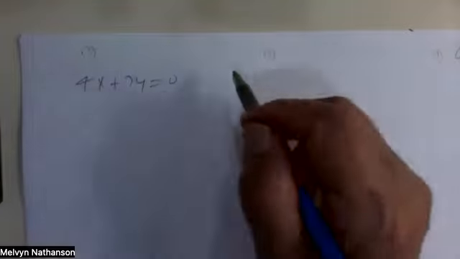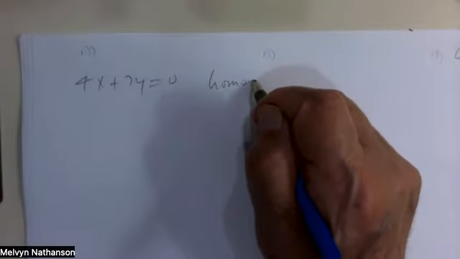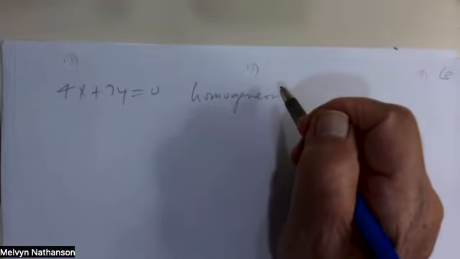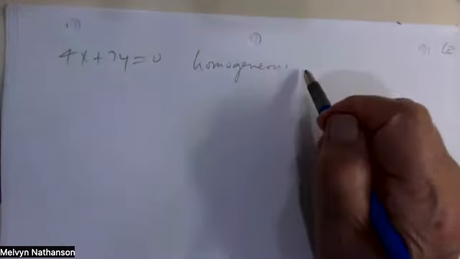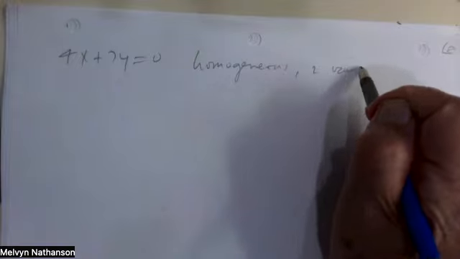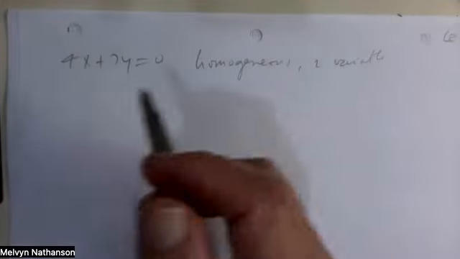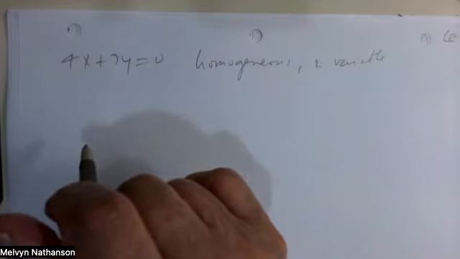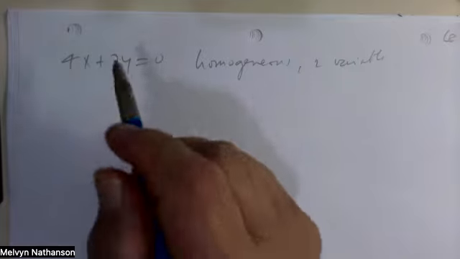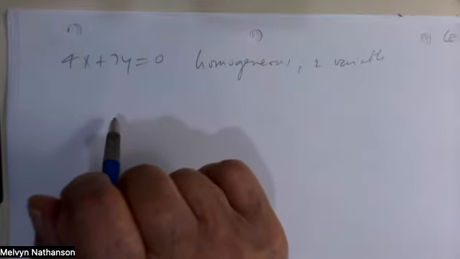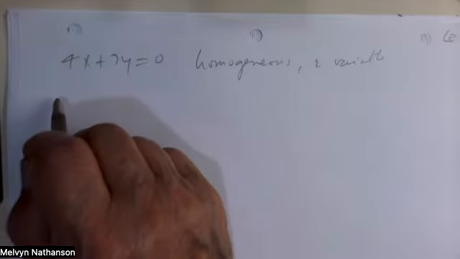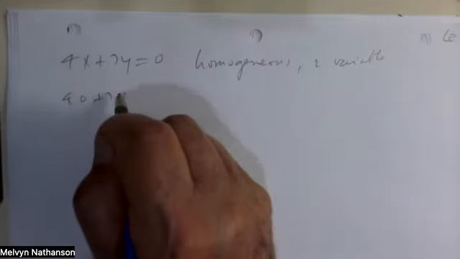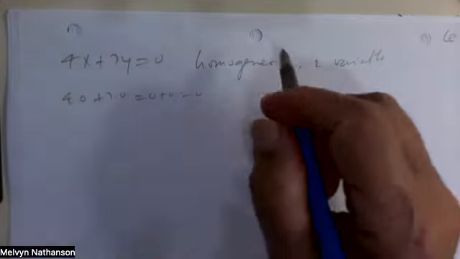That's an equation. This is homogeneous. How many variables in this equation? 2. Homogeneous, 2 variables. So what's one solution? If x and y are 0, then the solution is 0 as well. So 4 times 0 plus 7 times 0 is 0 plus 0 is 0.